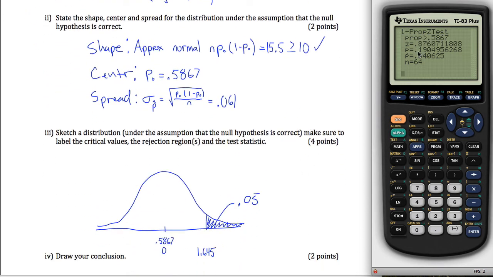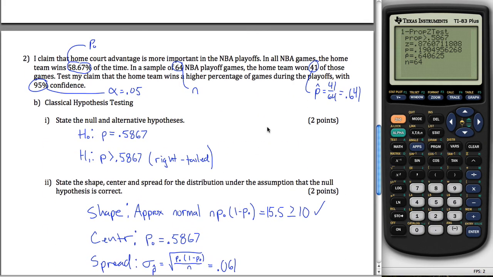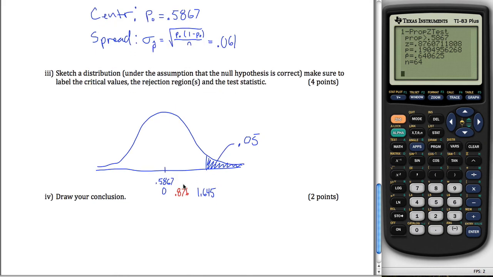And 0.876 is not in the rejection region. It's not bigger than this 1.645. My P hat, this 0.641, corresponds with a z-score of 0.876. Those are right here.